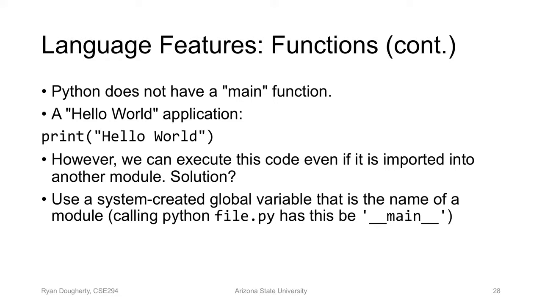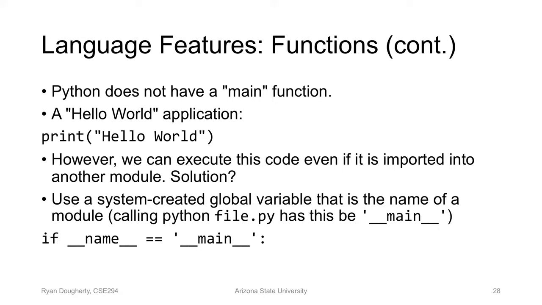It's something Python exclusive. So whenever we call Python or Python 3 on a particular file, the name of the module that's returned to us is double under main double under. So to determine if we're being called by the Python 3 interpreter, we check if dunder name, so double under name, is equal to the string double under main.